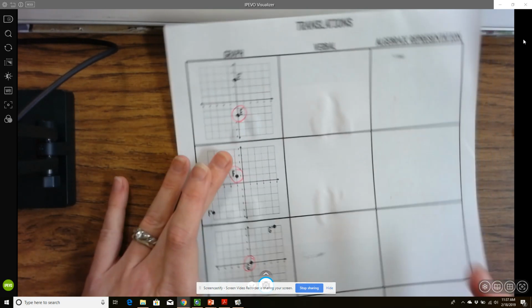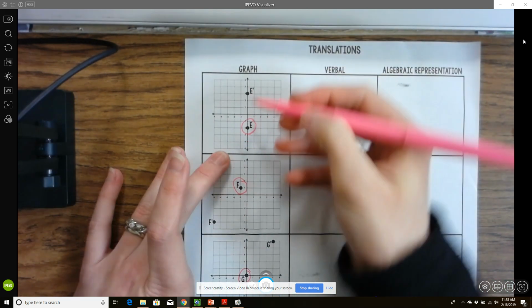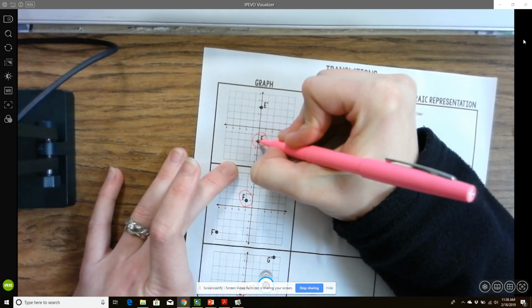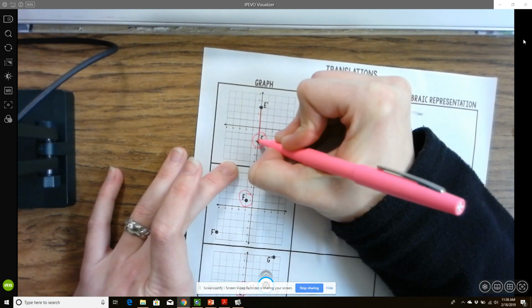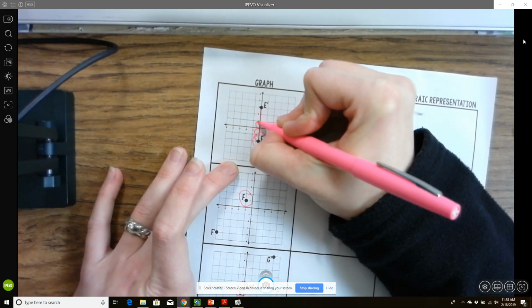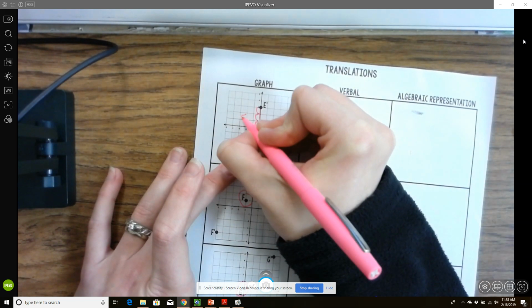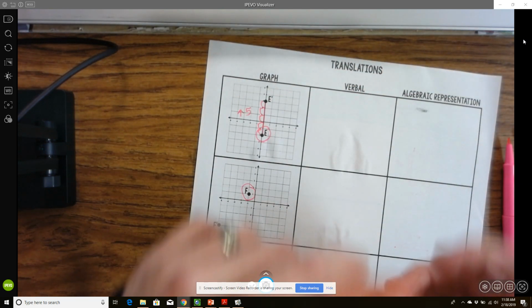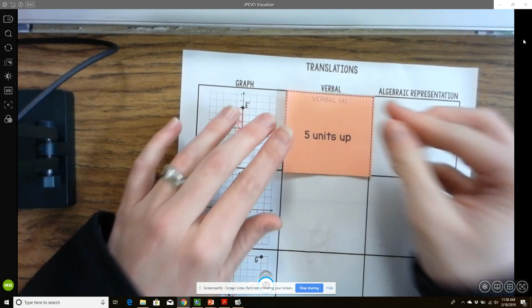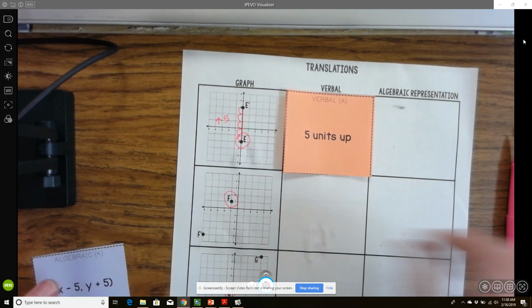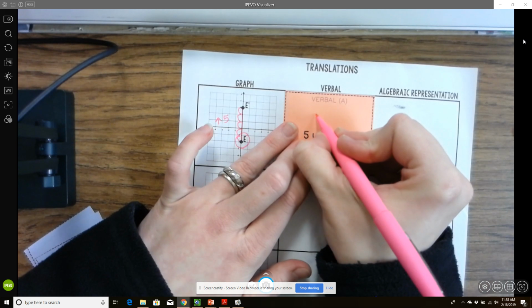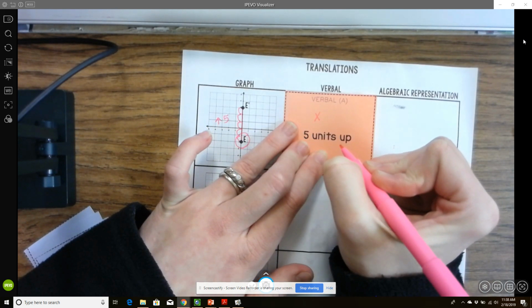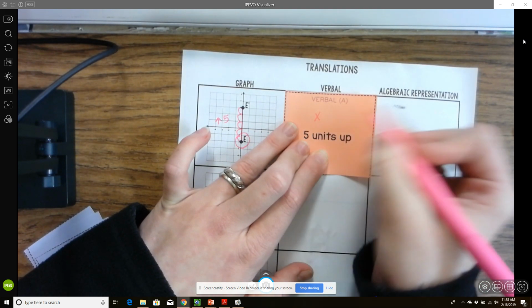So let's look at E really quick. If you notice here, I'm not moving left or right. I'm going straight up, and I'm going up 1, 2, 3, 4, 5. I went up by 5. So the card that I'm looking for here is I'm going up by 5 units. And so if I'm going 5 units up, I'm not doing anything to the X. It's staying exactly like it was.